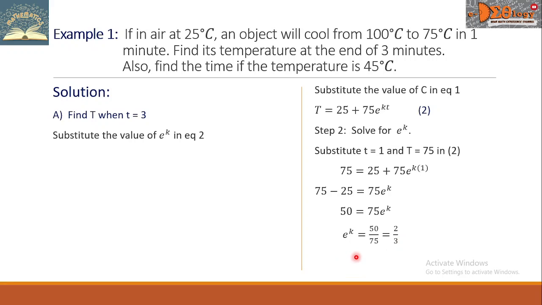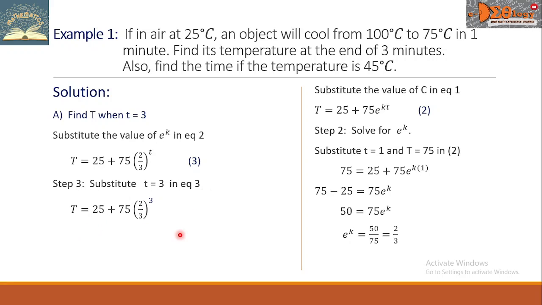Let us now substitute this value for e raised to k, which is 2 over 3, in equation 2. This is now our equation 2, and it becomes like this: T equals 25 plus 75 times the quantity 2 over 3, raised to the variable t. This is now our equation 3. Step 3, let us now substitute t equals 3 in equation 3.